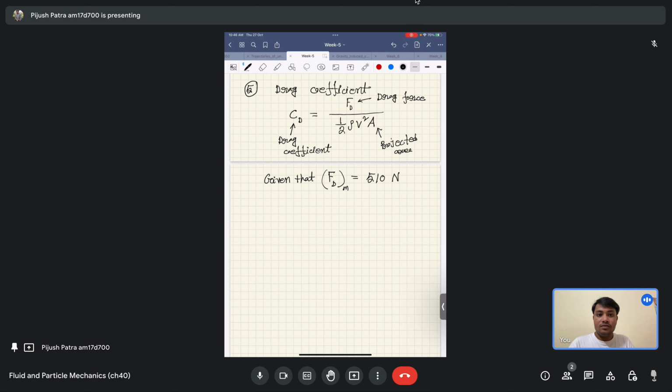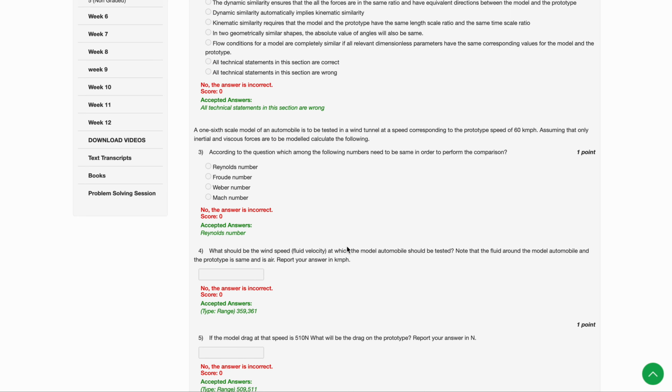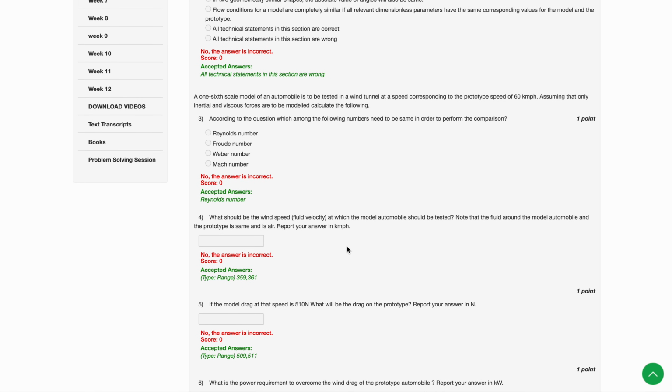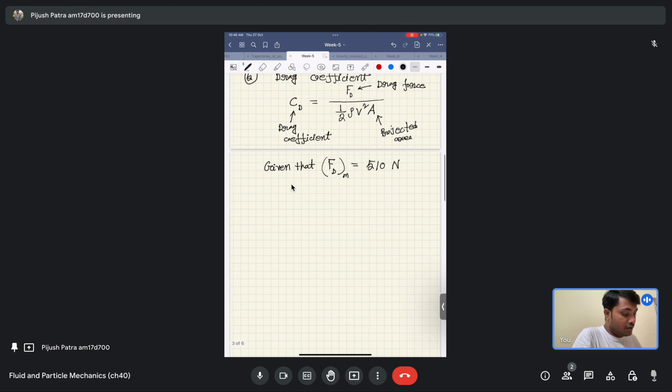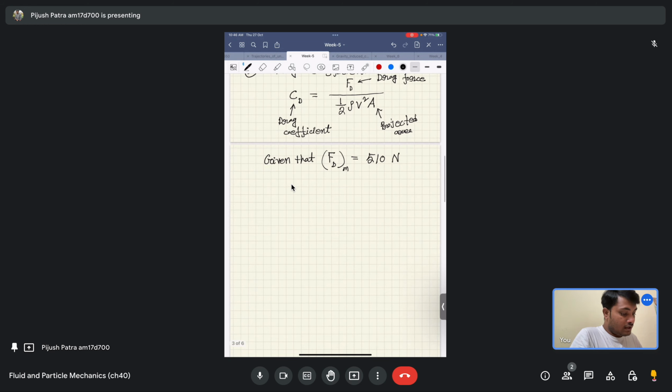For the model case, the drag force is 510 Newton, and it asks what should be the drag force in case of the actual prototype. So what will be the drag force in this case?